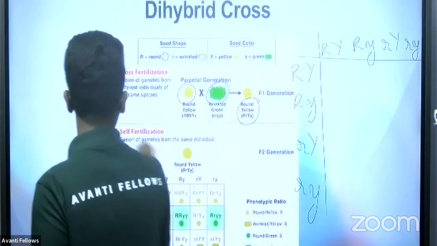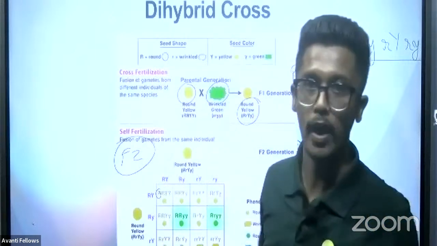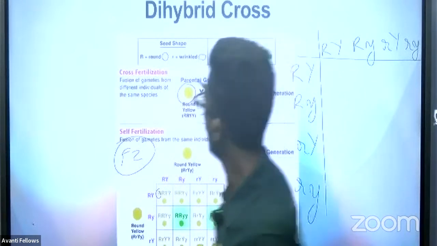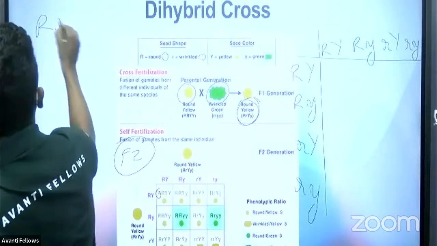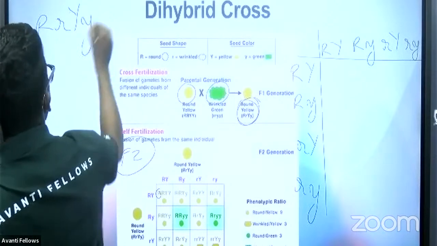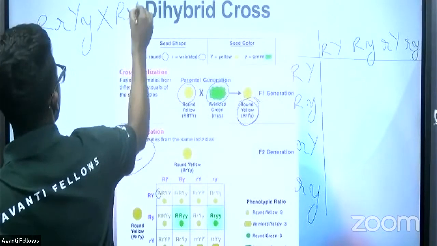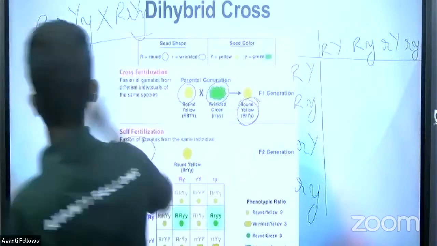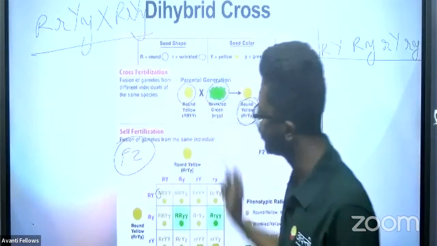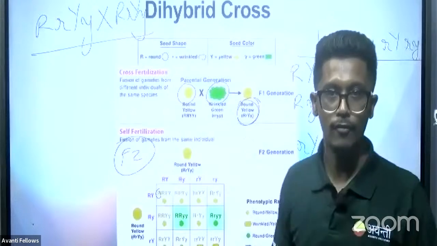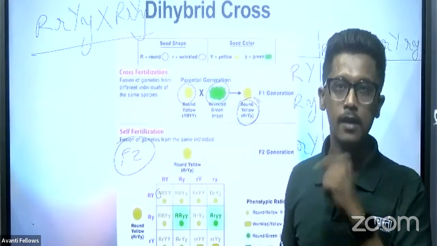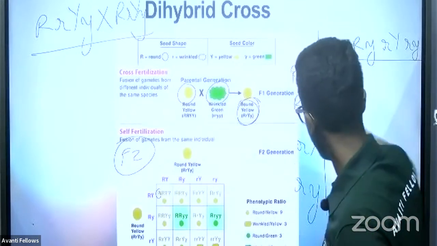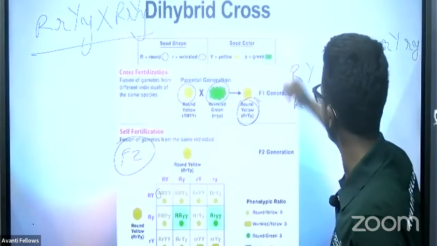So in F2, what I have done is self-crossed the F1. This plant, R, R, Y, Y, was crossed with R, R, Y, Y. So when I did that, what did I get? I get an F2 generation. If I look at my F2 generation, what do I see?